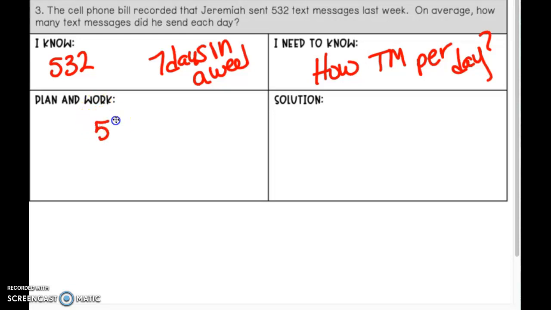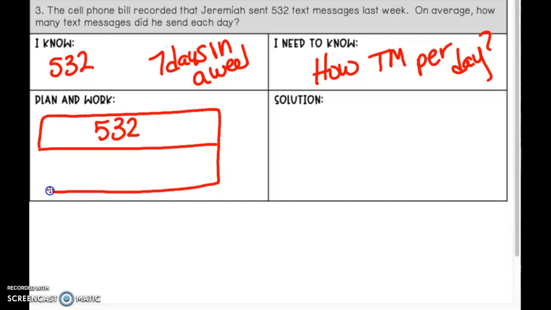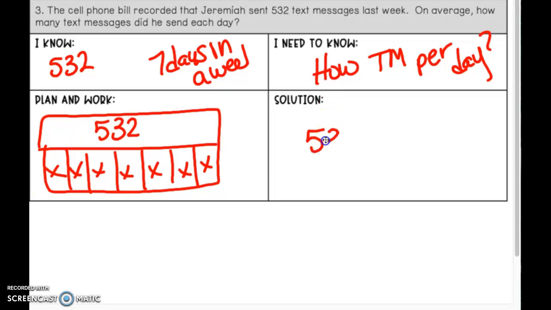We can set it up this way, 532. Here's our box, if that is a good visual. 1, 2, 3, 4, 5, 6, gotta have one more. These are the days of the week. There are 7 there. So we know 532 goes on one side, and 7 x's go on the other side. Now we're going to use our process. x is being multiplied by 7.